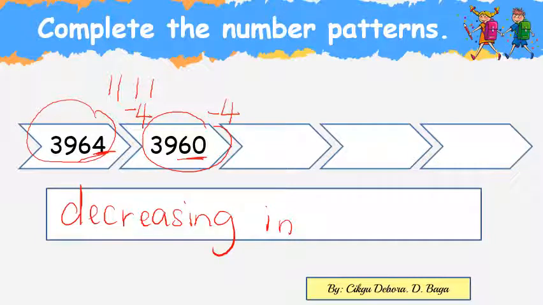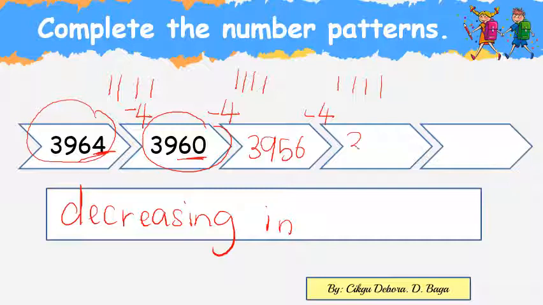So 3960 you minus 4: 59, 58, 57, 56. So here is 3956. And the next one also you need to minus 4. So 3956 minus 4 is 55, 54, 53, 52.